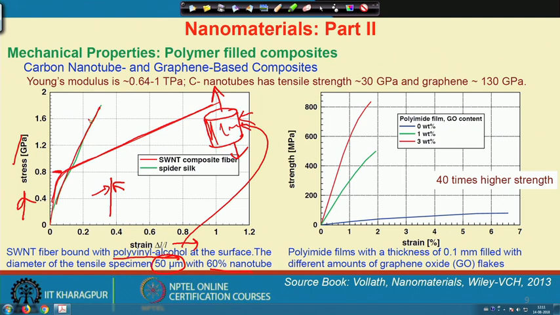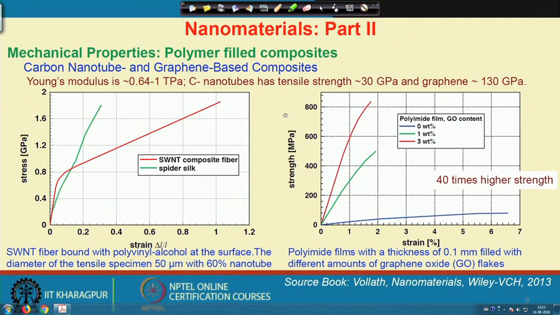Or we can also use some graphene oxide and polyimide film, where we use 1% or 3% of graphene oxide, and compared with the unfilled polymer it increases both the Young's modulus and the strength. The example is very clear.